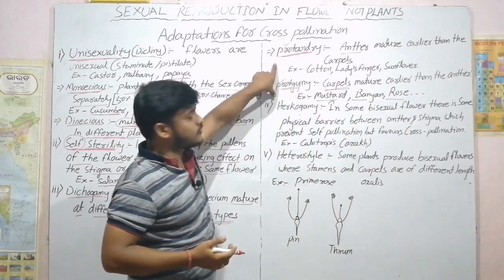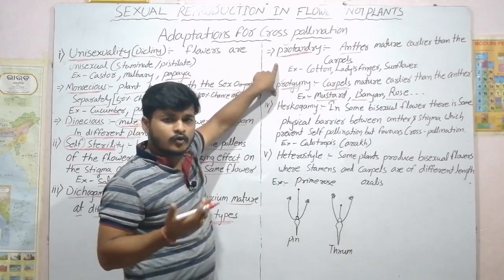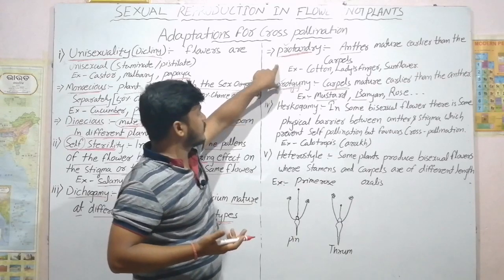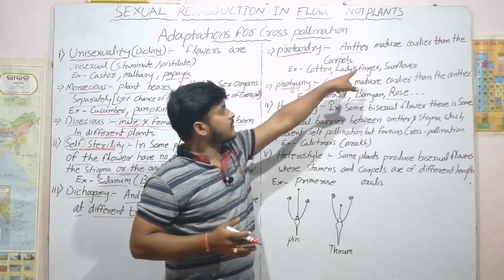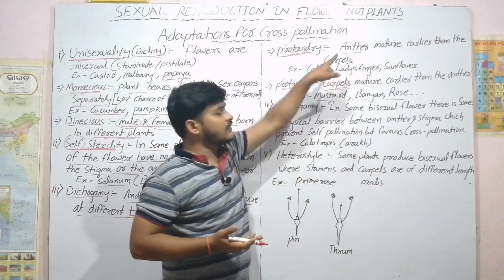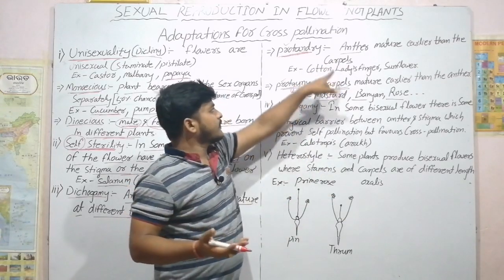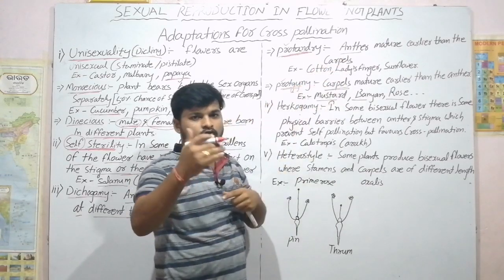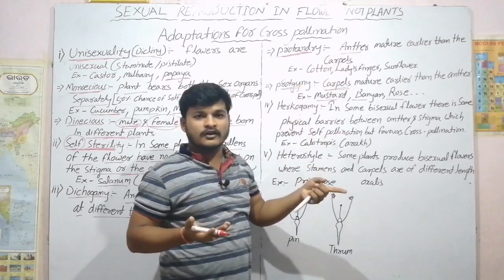Your question is how it promotes cross pollination. Obviously it promotes cross pollination because in the protoandry condition the anther is mature but its carpel is not mature. That means the anther is bound to give its pollen grains to a number of agents. So the anther is developed first, so its pollen grains are transferred. When the carpel is developed, the anther is not developed in that condition.